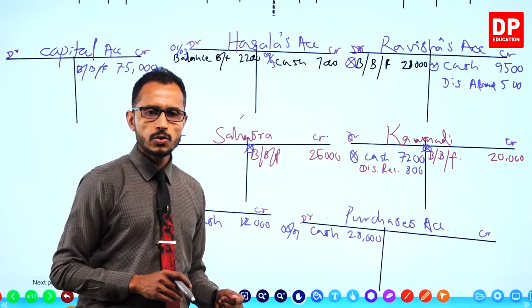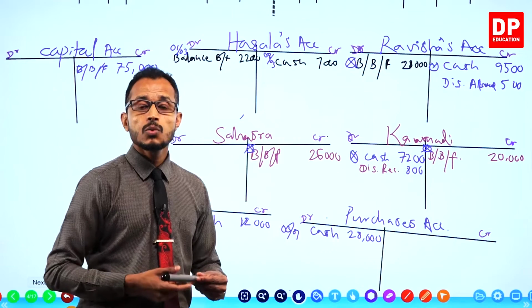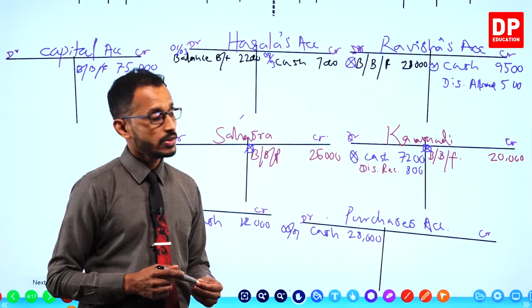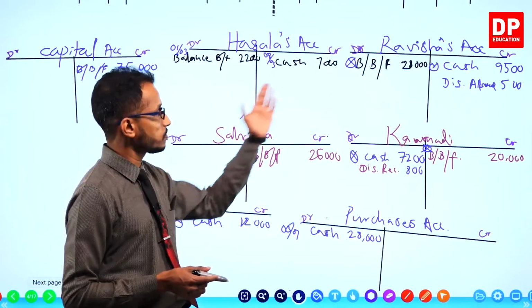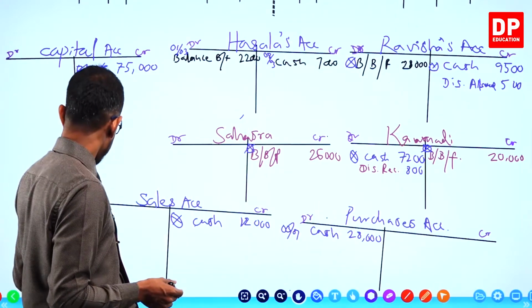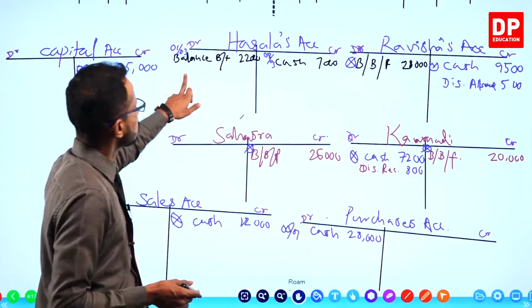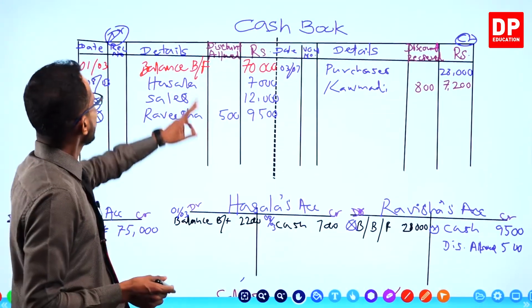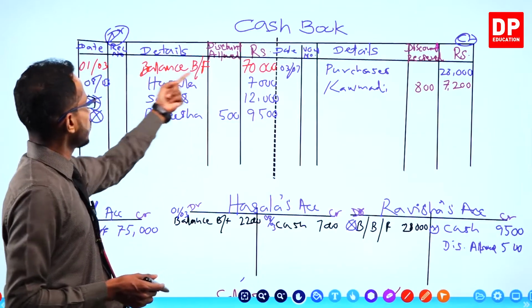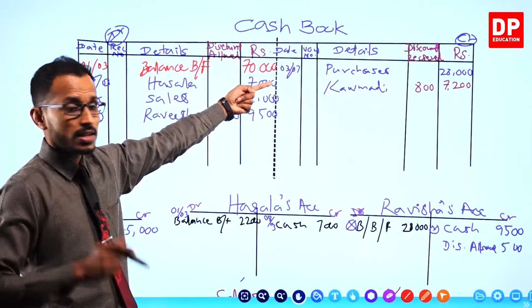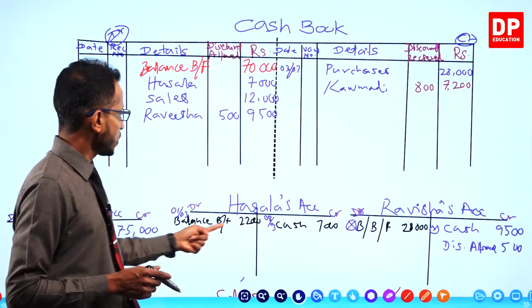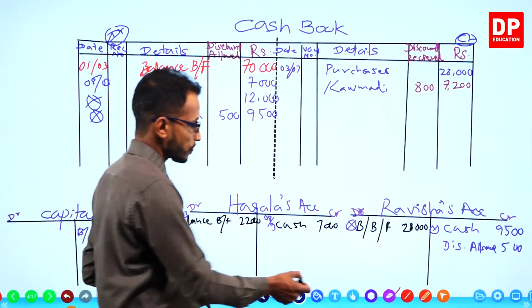Children, that's how you record transactions with discounts in the cash book and in the relevant ledger accounts, right? Not too hard for you, I think. Cash book, the recording of balances. Balances means the opening balance of the cash book and the opening balance of the other ledger accounts too.